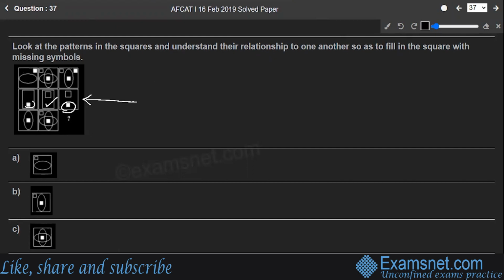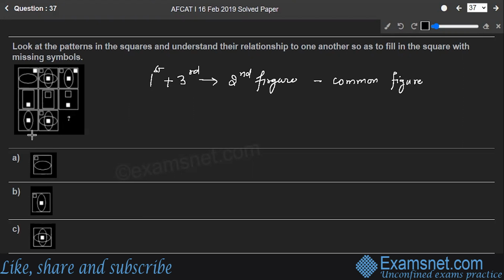This square and this square were exactly the same, superimposing each other, so they will vanish. Okay. So first figure plus third figure gives you the second figure minus the common figure.